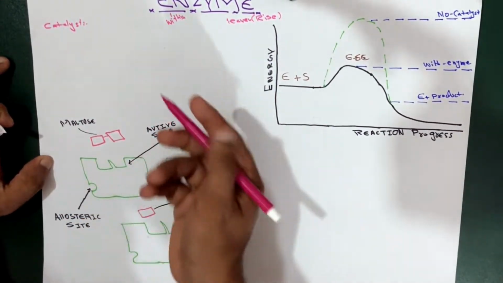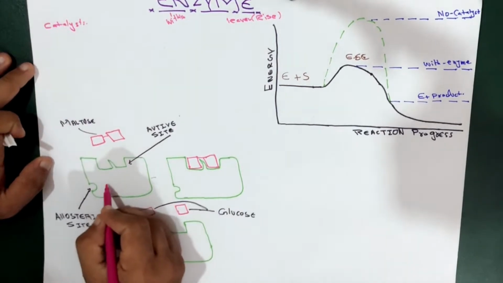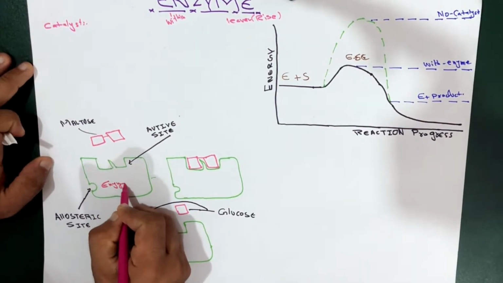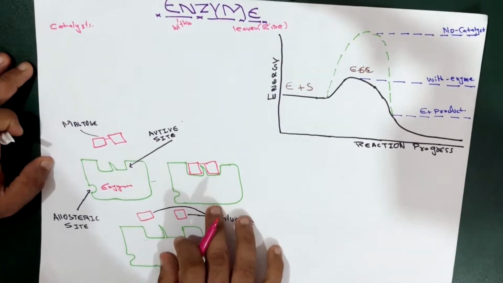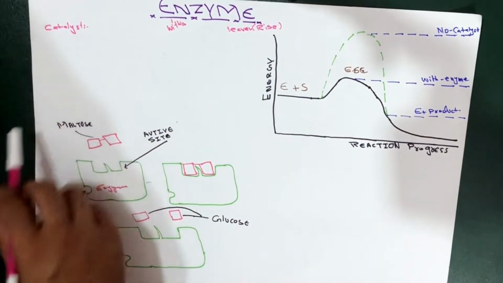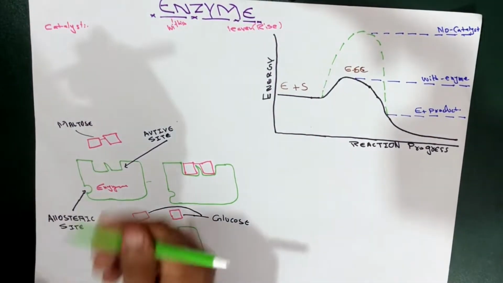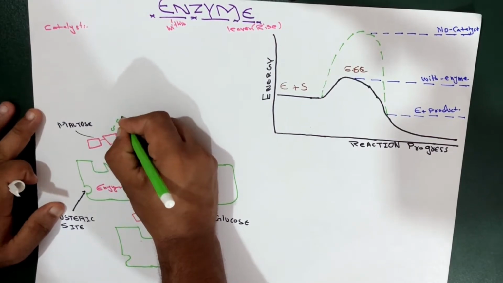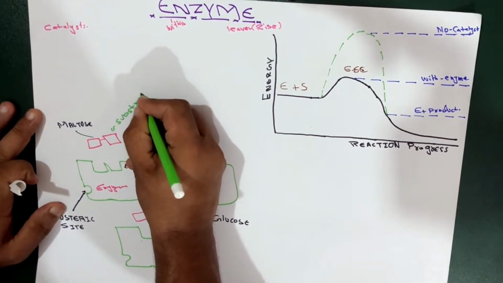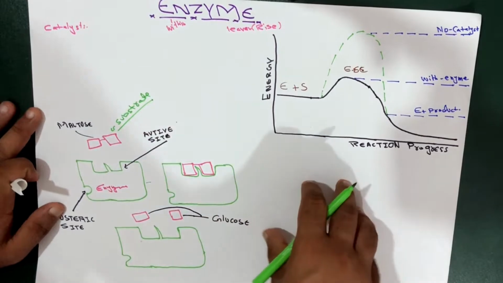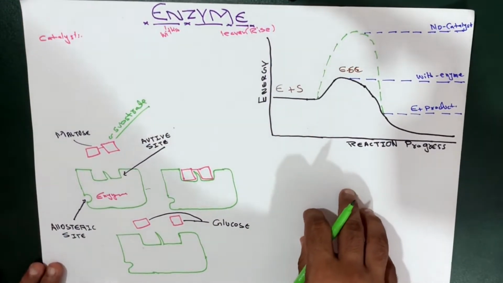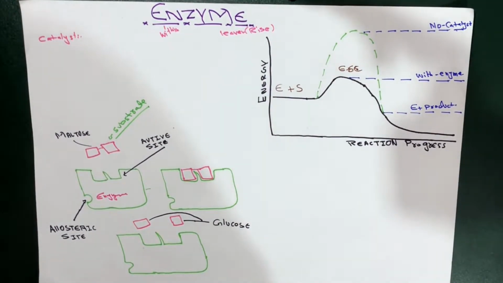Look at this picture. Consider this thing as an enzyme. These are our enzymes, right? And this on the top is the substrate. So what is a substrate? It's a compound on which the enzyme acts.